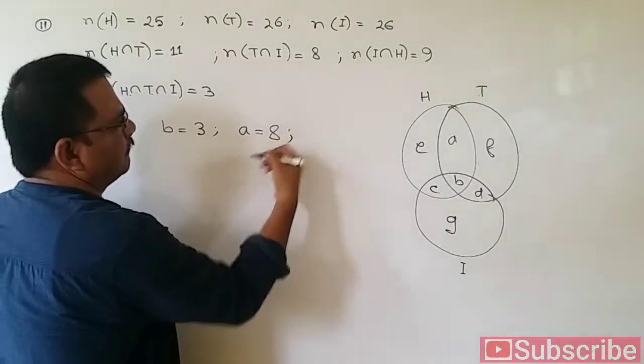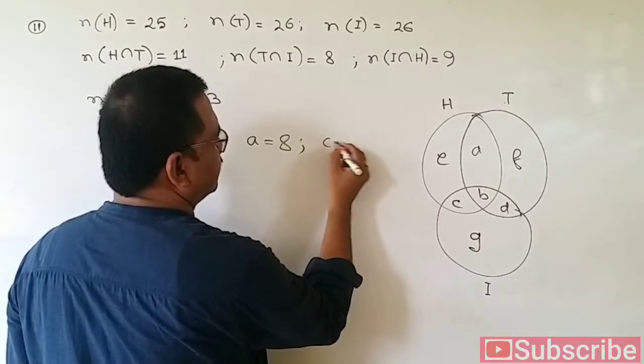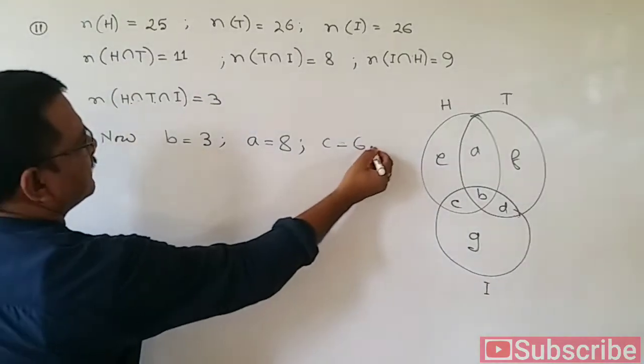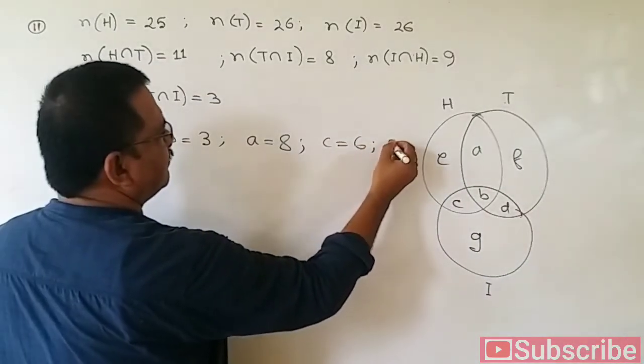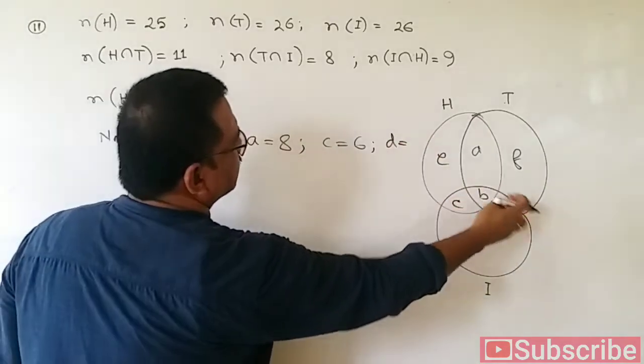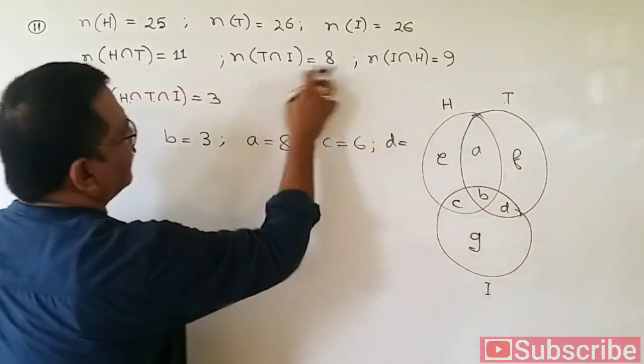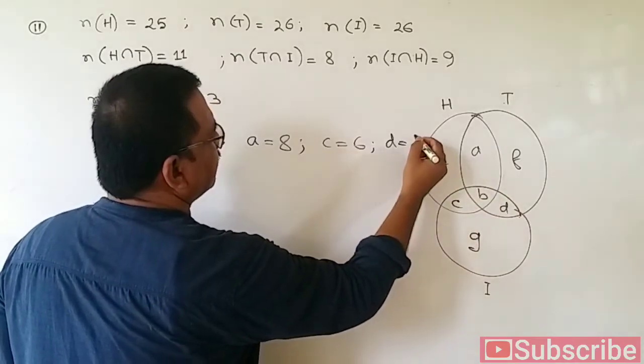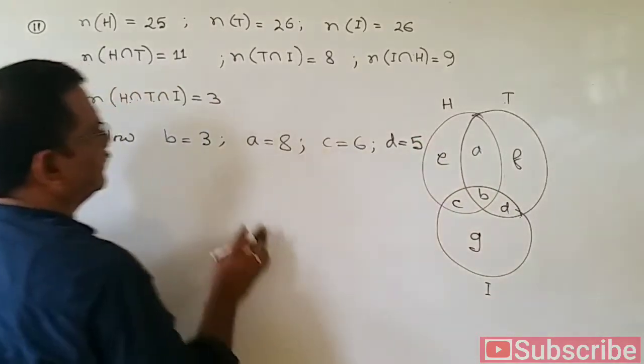Have you understood? So for C we will get 6 people, and similarly for D, this T and I is 8. If you subtract 3, then you will get 5.